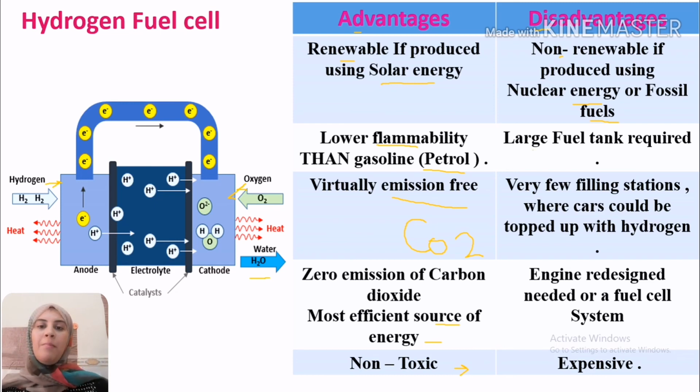We still make experiments to decrease the size of the fuel tank. We have very few filling stations where cars can use hydrogen as a source of energy. Our engines need to be redesigned to use hydrogen instead of petrol.